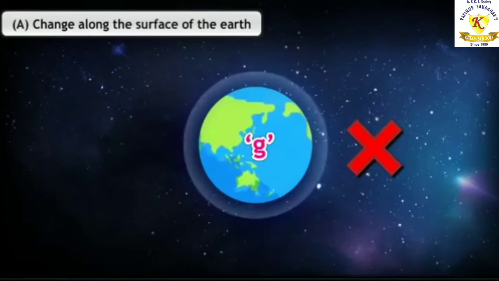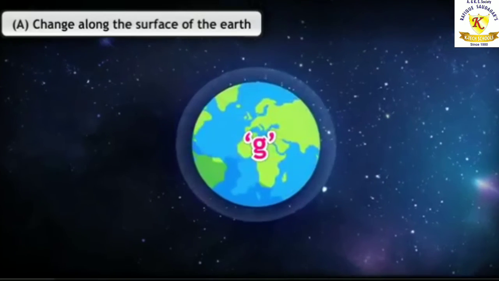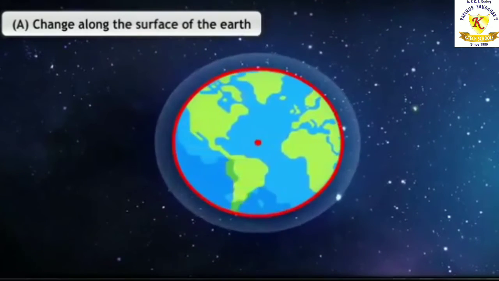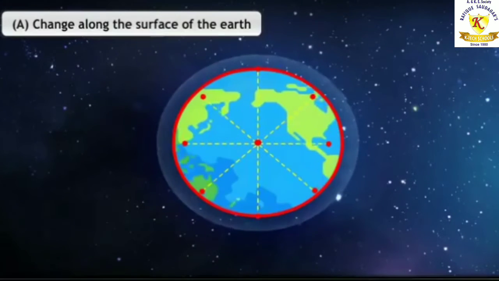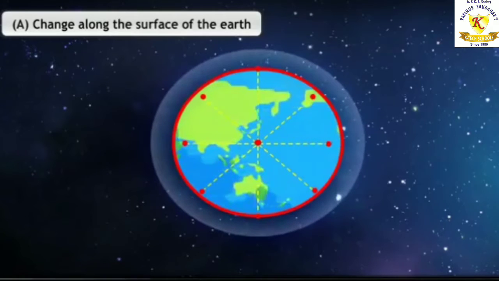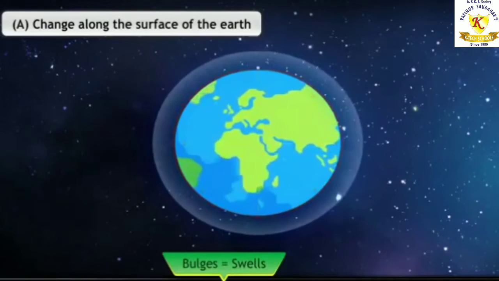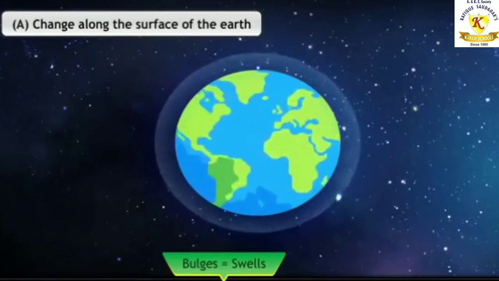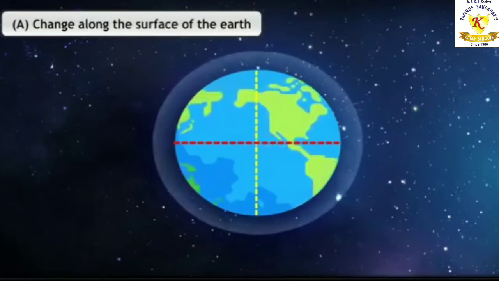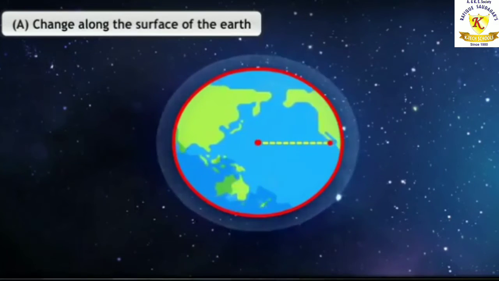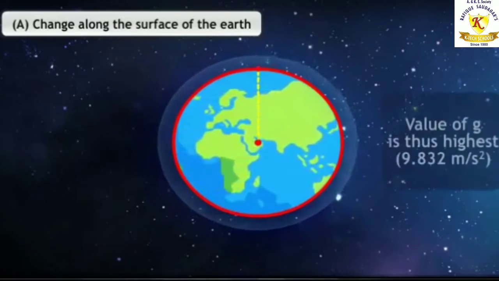The answer is no. The reason is that the shape of the Earth is not exactly spherical, and so the distance of a point on the surface of the Earth from its center differs somewhat from place to place. Due to its rotation, the Earth bulges at the equator and is flatter at the poles. Its radius is largest at the equator and smallest at the poles.